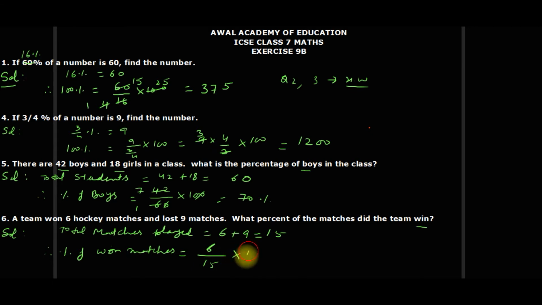For percentage we will multiply it by 100, right? 3 twos are 6, 3 fives are 15, 5 ones are 5, 5 twos are 10, 5 fours are 20. So this has become 40%. 40% of matches were won by the hockey team. Right, now students, we will move on to the next question, that is question number 7.